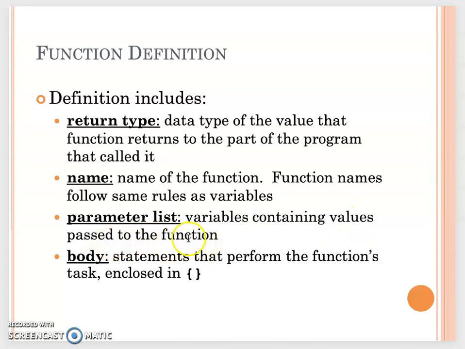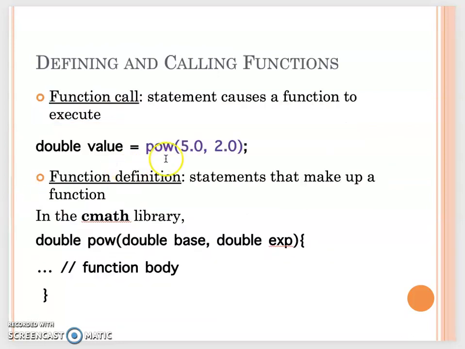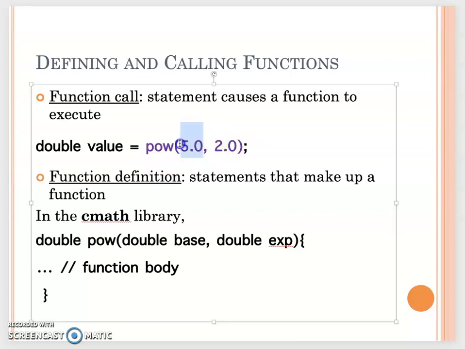Most of the time, like we said, the purpose of a function is to perform a specific task. The same task, but it may have different values. Like the power function: I can do 5 to the second power, I can do 10 to the third power. They work similarly, just multiplying the number a different number of times.